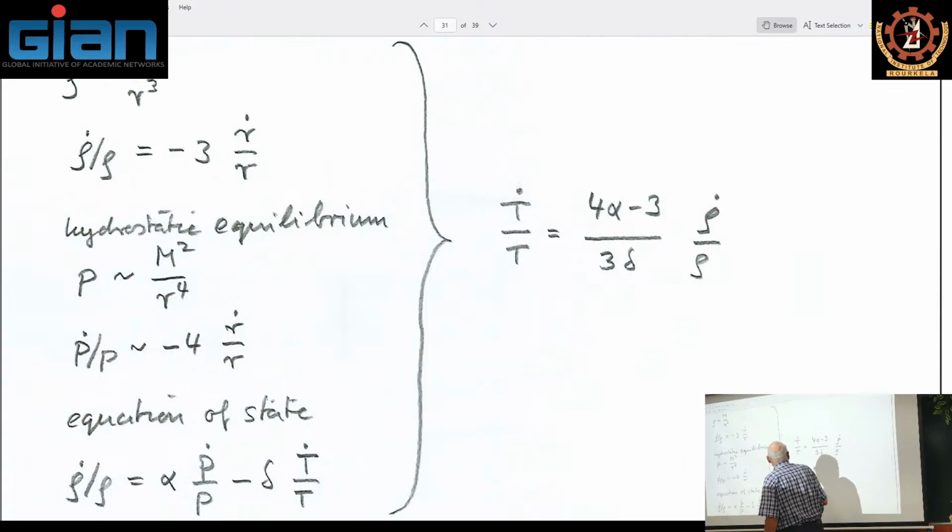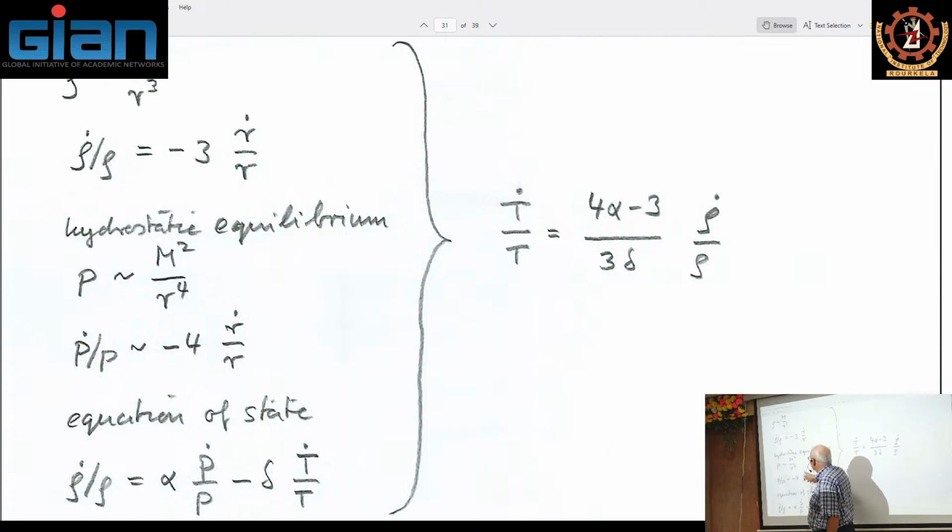What we want to do is calculate T dot over T in terms of rho dot over rho. So we replace r dot over r by rho dot over rho, and P dot over P is then 4 over 3 times rho dot over rho, and insert this here for P dot over P. So it's a simple relation.